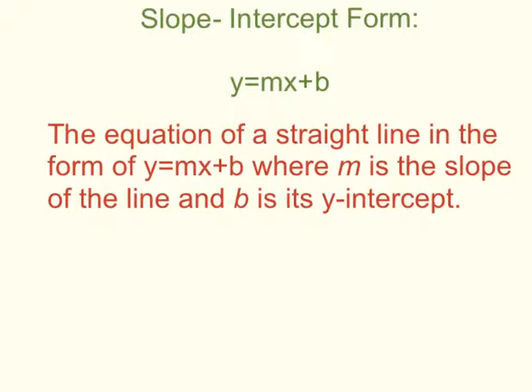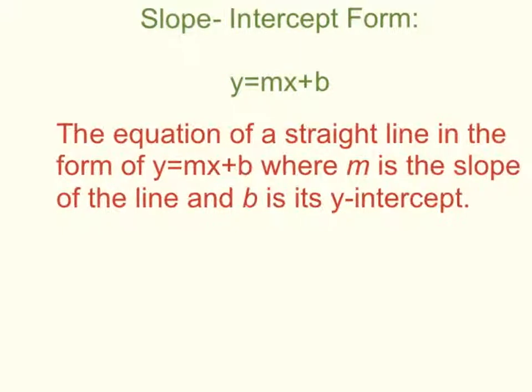But the best part about slope-intercept form is that you can read off the slope and the intercept right from the equation. Like if I was to give you, say, y equals 3x plus 4, and I say, all right, little Johnny, tell me, what is my slope?